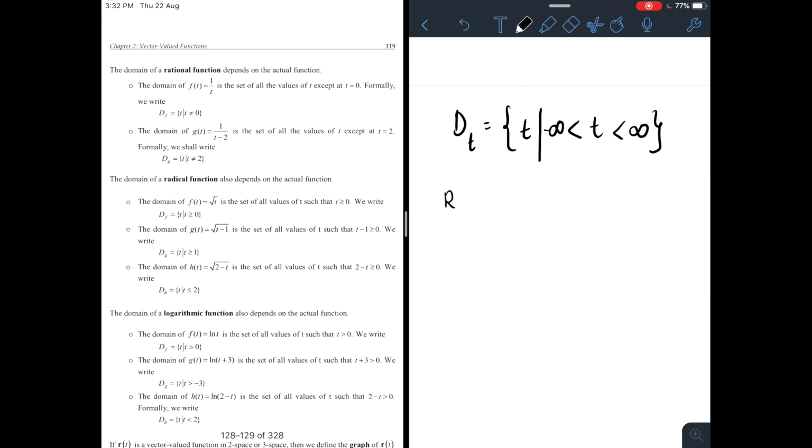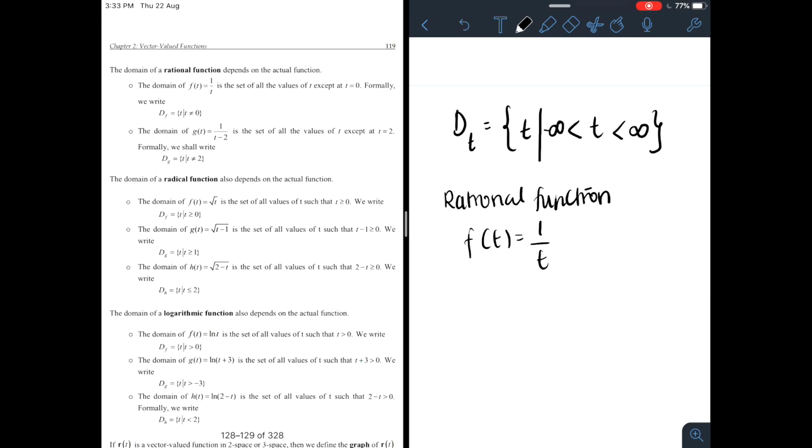We call it a rational function. A rational function is a function where you have f(t) = 1/t. This is the basic form for a rational function.